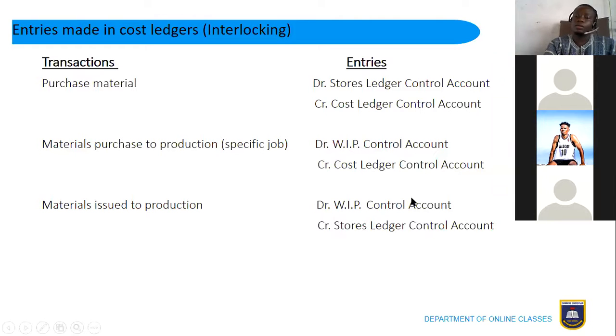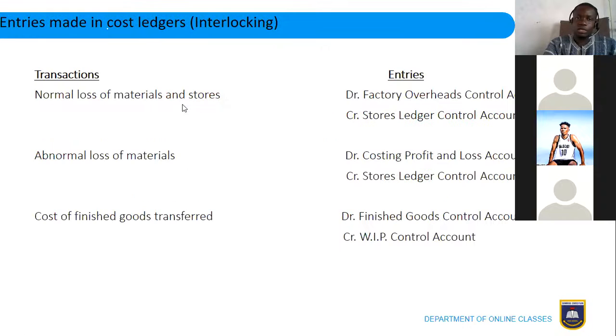No, sir. All right. Yeah, so you are still on the transactions. So here we have normal loss of materials in stores. Normal loss. So here loss has been incurred. You know, we have abnormal losses and we have normal losses.